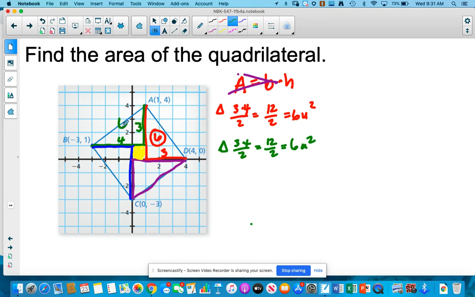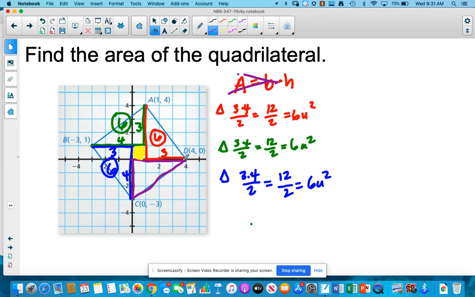So I know the area of my green triangle is 6. Now let's move on to my blue triangle. I've got 1, 2, 3 by 1, 2, 3, 4. So my blue triangle is 3 times 4 divided by 2, which is 12 divided by 2, which is also 6 units squared. So to find my area so far, I'm taking 6 plus 6 plus 6.